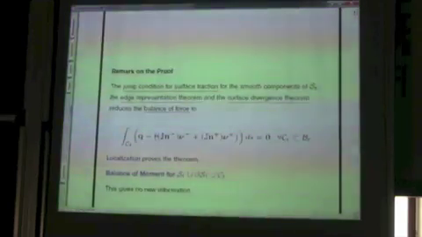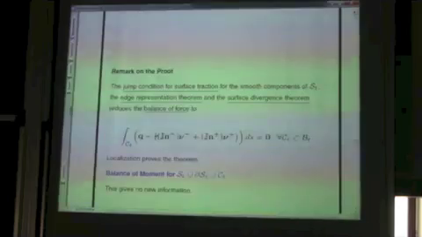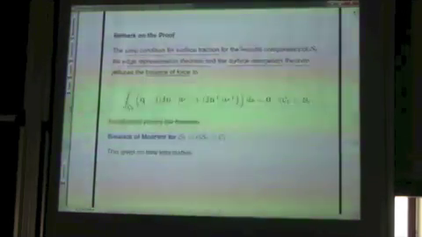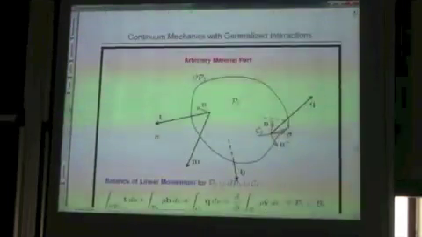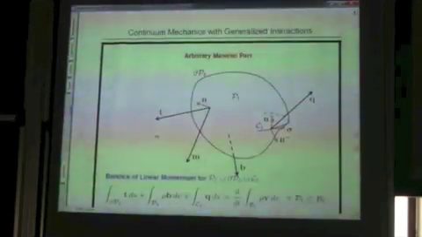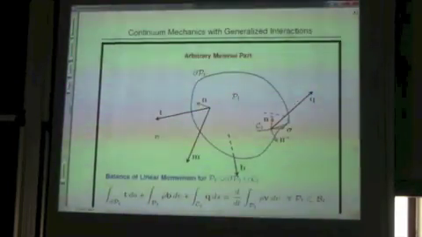Now the balance of moments for this composite cornered surface doesn't give anything new. If you look at it, it doesn't provide anything new. But I needed to look at it. So now we go up a step and we think about an arbitrary material part now. A volumetric part.